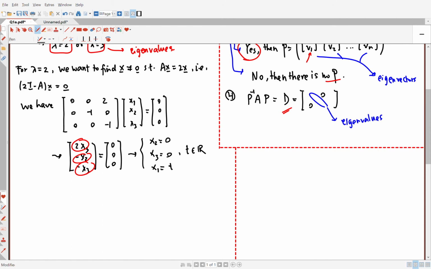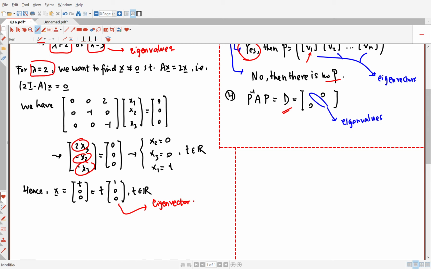Hence we have found our x. X is x1, x2, x3, which is t, 0, 0. I can write this as t times 1, 0, 0, and I can pick this as my eigenvector corresponding to this eigenvalue.